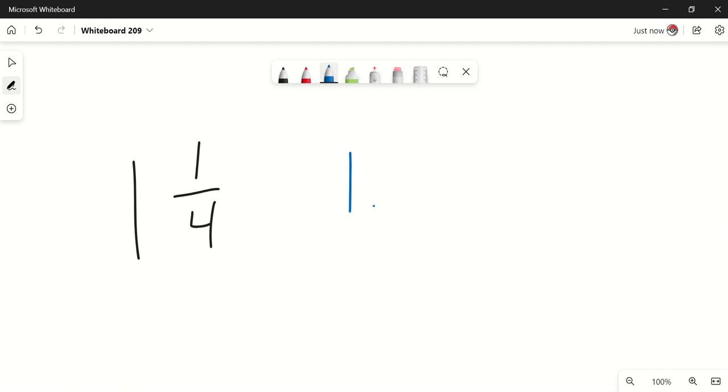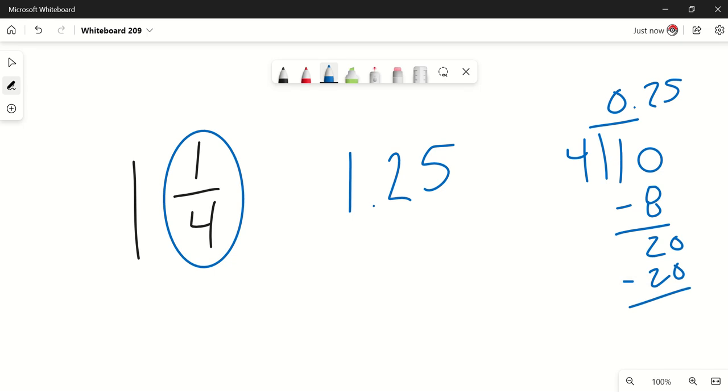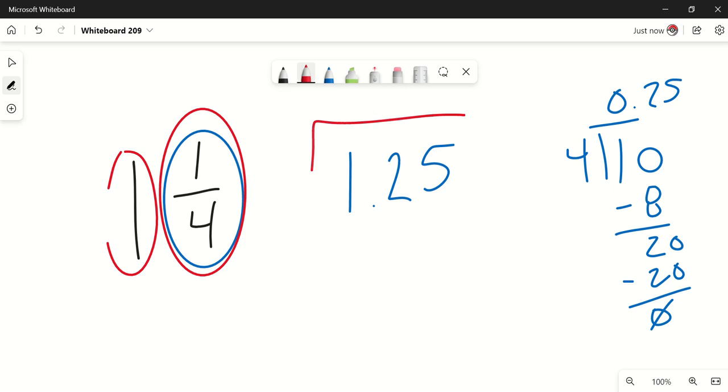Or we could have done this. 1 point and then 1/4. If you know your shortcuts, you know 1/4 is a quarter. That would have been 25. You could have also done the 1 divided by 4 like we did earlier, which would have given you 0.25. 1.25, because this is 1 and 0.25, which is 1.25.